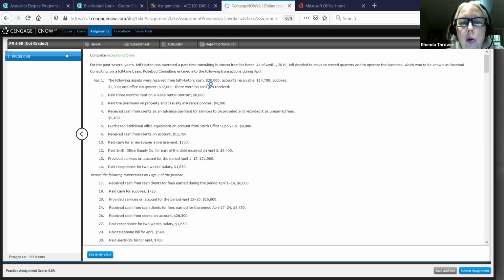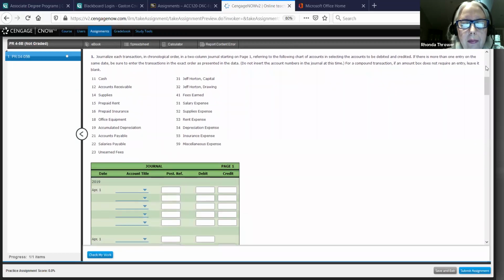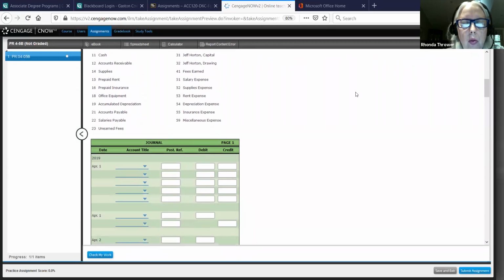We're going to, first of all, debit the cash account of this business. So I'm going to go to my journal. In the journal, I'm going to choose my cash account. Skip your post reference. We're not going to use that post reference until we post these transactions to the ledger.